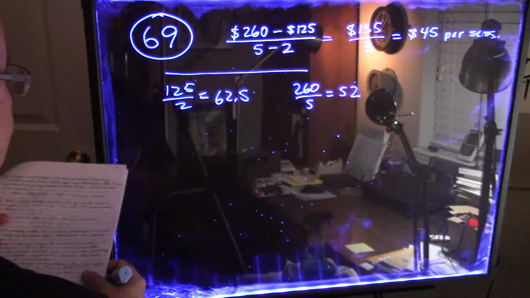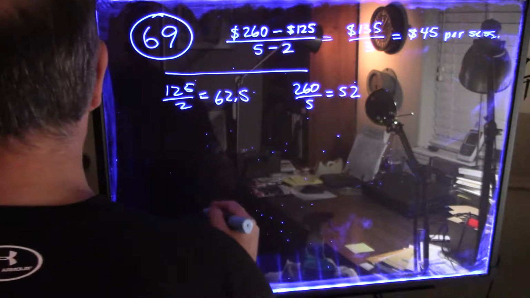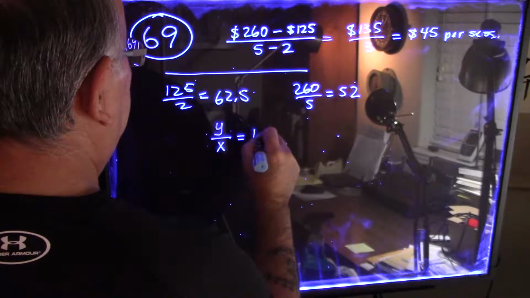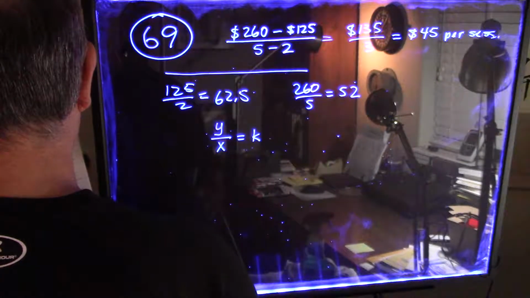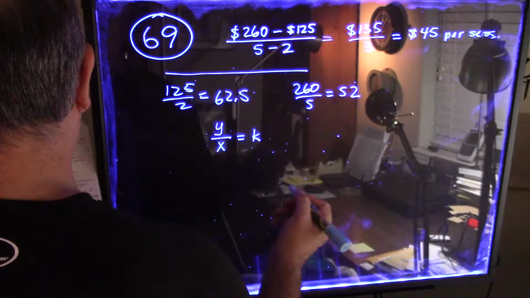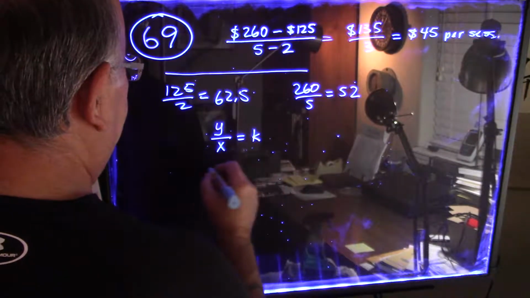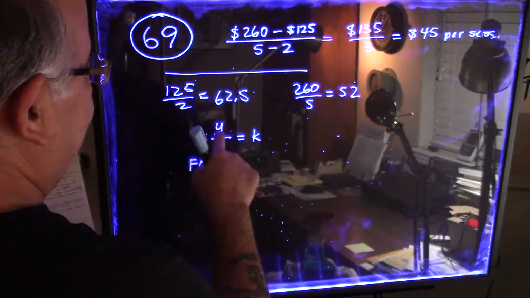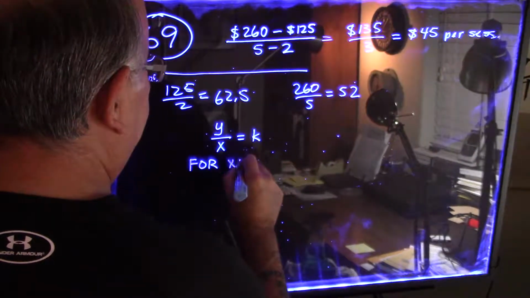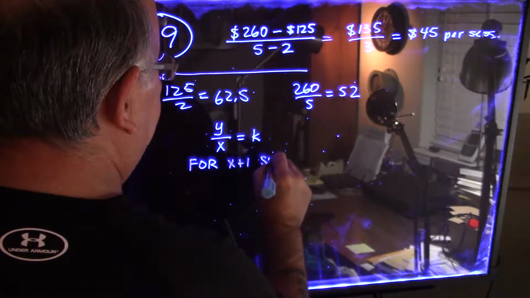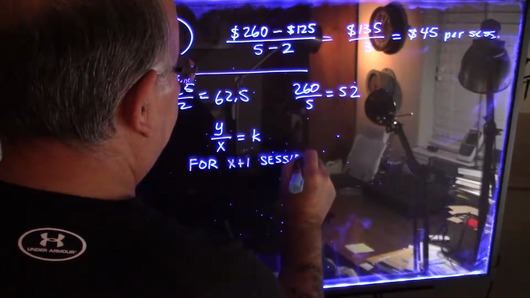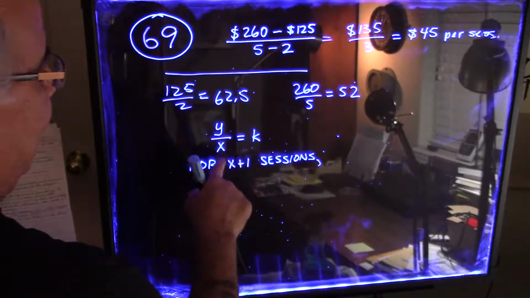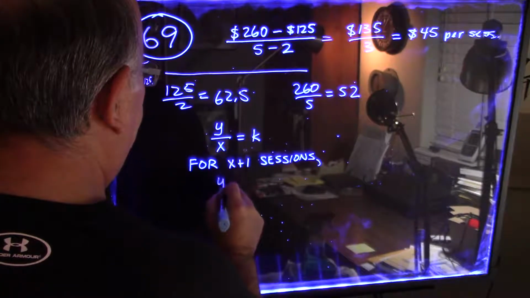And if you do it that way, what you're assuming is y over x equals some constant k. Let's say x stands for sessions, y stands for the cost. So if you have x plus 1 sessions, if you keep up with this assumption, y equals k times the quantity x plus 1.